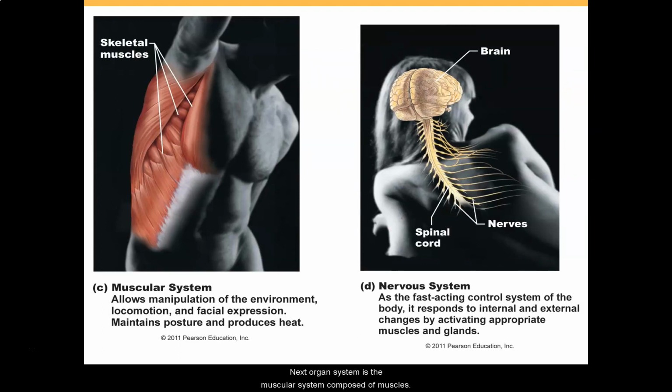The next organ system is the muscular system, composed of muscles. There are 3 different muscle types in this organ system. One of these 3 muscle types is shown here, and this is skeletal muscle. Skeletal muscle gets its name because it's associated with, that's right, our bones, the skeletal system.